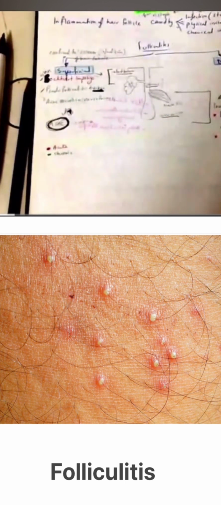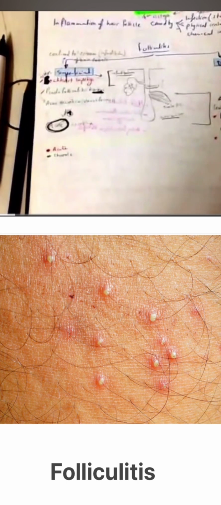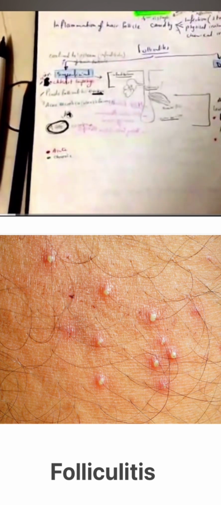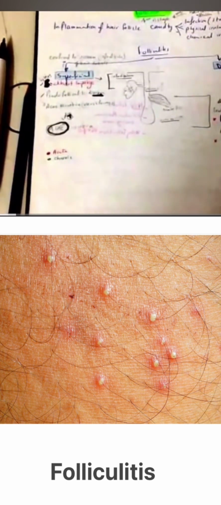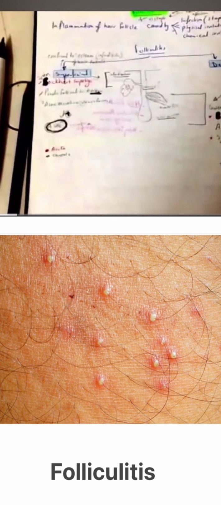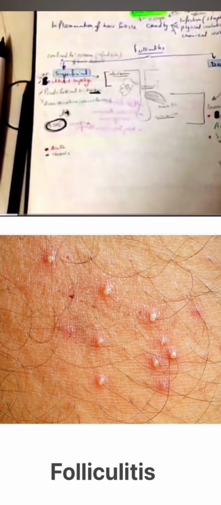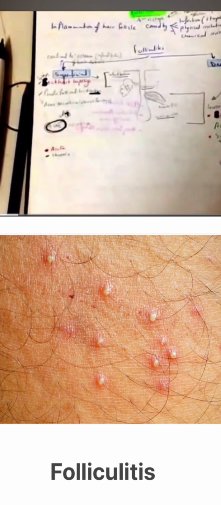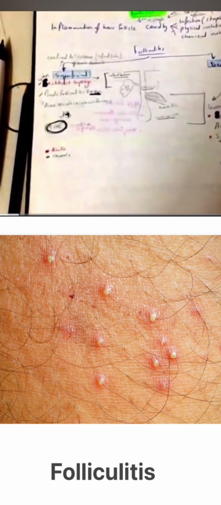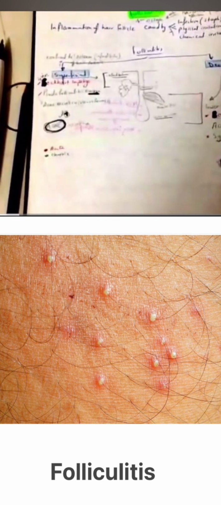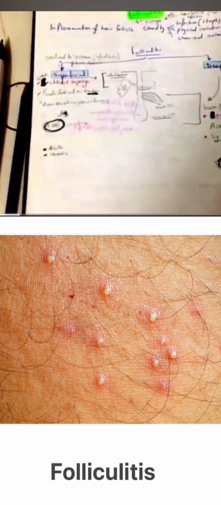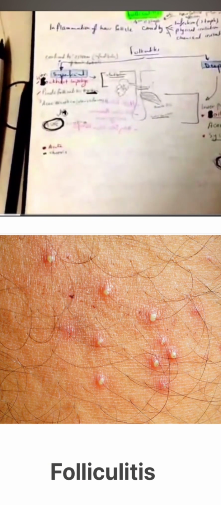The deep folliculitis is in the lower portion of the hair follicle, from the isthmus and to the lower erector pili and down, and the superficial folliculitis is from the infundibulum to the isthmus of the hair follicle. The deep folliculitis: boil, furuncle, acne keloidalis nuchae, and sycosis barbae.